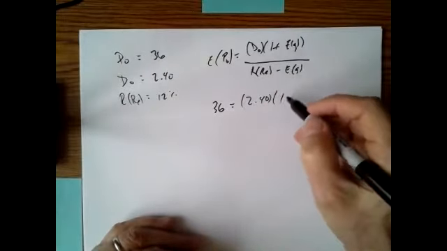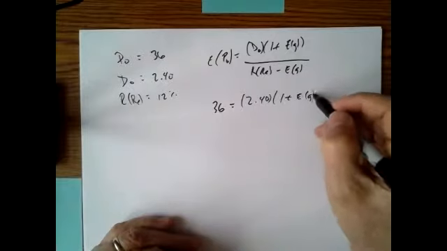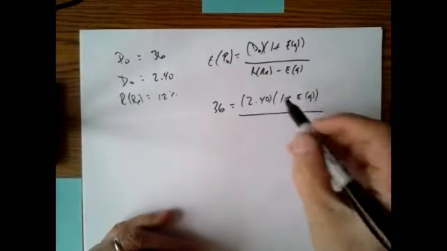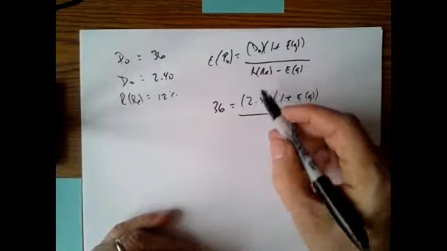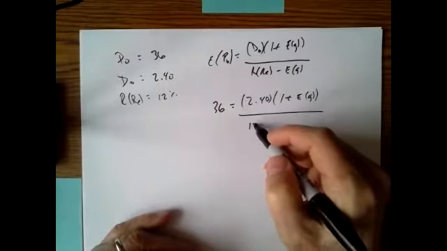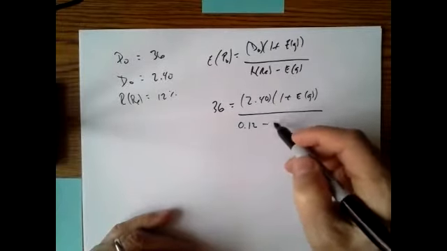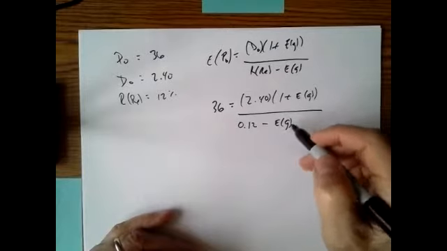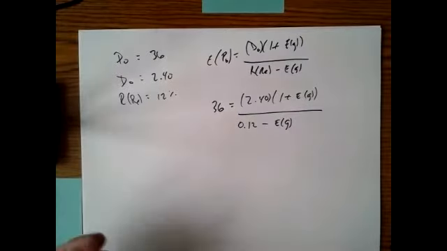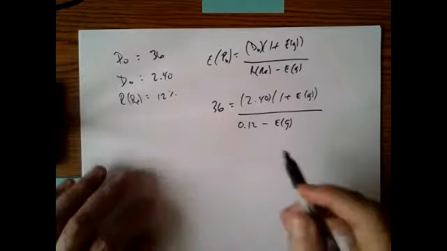We don't know what the expected growth rate is. We do know the required rate of return is 12%, so we're going to use 0.12, and again we don't know what the growth rate is. So now it just becomes a matter of pushing around some algebra. Let's go ahead and do that.